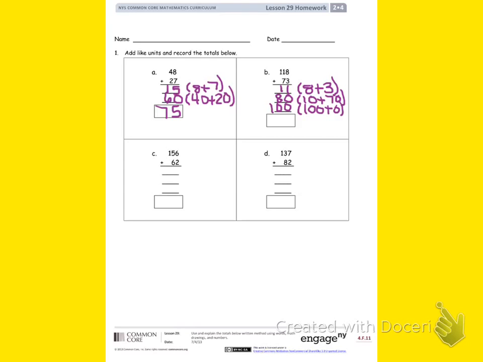Now we'll add. 1 plus 0 is 1. 1 ten plus 8 tens is 9 tens, plus 0 tens is still 9 tens, or 90. And the only thing I see in the hundreds column is a 1, so 0 plus 1 is 1. Now you use this strategy to solve items C and D yourself.